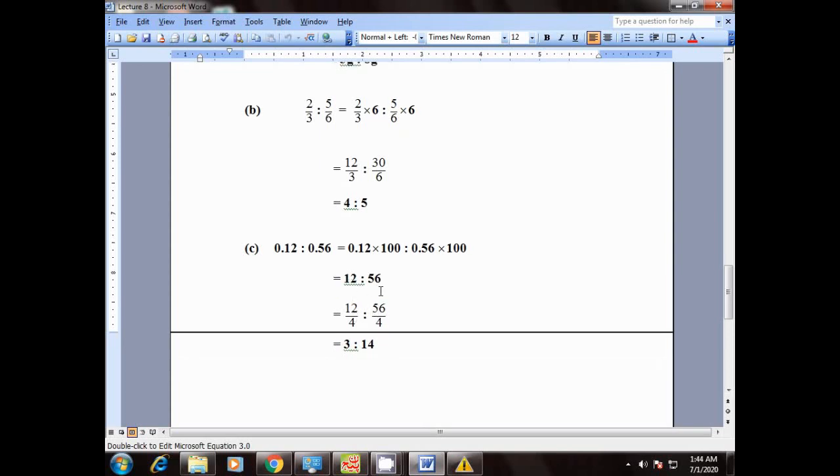So to simplify, we will divide both quantities by 4. 4 times 3 is 12, 4 times 14 is 56, which is the simplest form of the given ratio 0.12 ratio 0.56. Or we can say 3 ratio 14 is the equivalent ratio to 0.12 ratio 0.56.